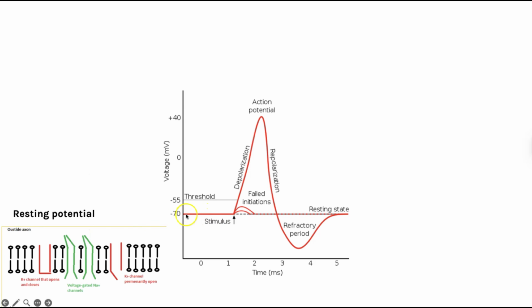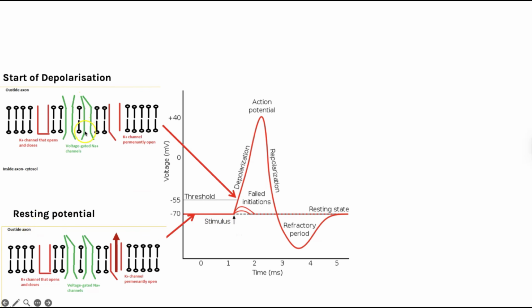So here we can see we've got our resting potential at minus 70 millivolts, but then we have a stimulus. And the stimulus provides energy that can cause the voltage-gated sodium ion channels to open. And if those open, we then start to get sodium ions diffusing into the axon, which increases the positivity inside of the axon.